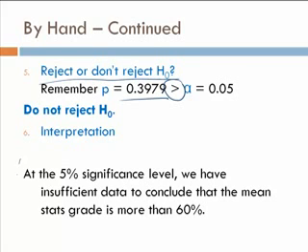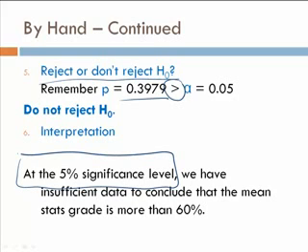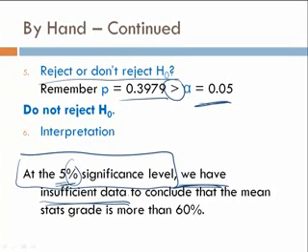To construct your interpretation, you need to tell us what the significance level is, because if this had been a different significance level, a different alpha value, then we would have in fact rejected the null. So we would have done the opposite. But that's why you need to really tell us what the significance level is. So here we have a 5% significance level. And then here, because we did not reject, we say we have insufficient data to conclude.